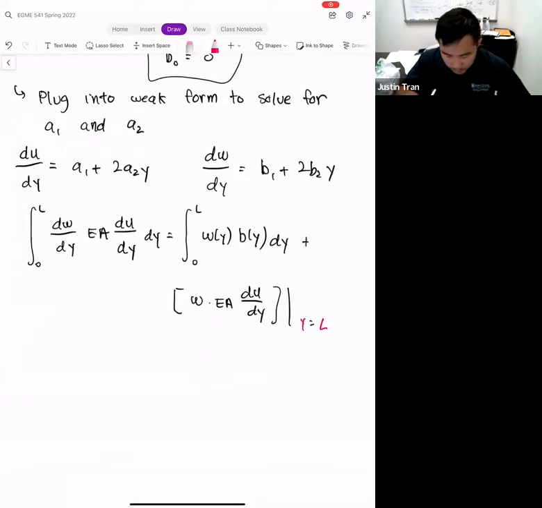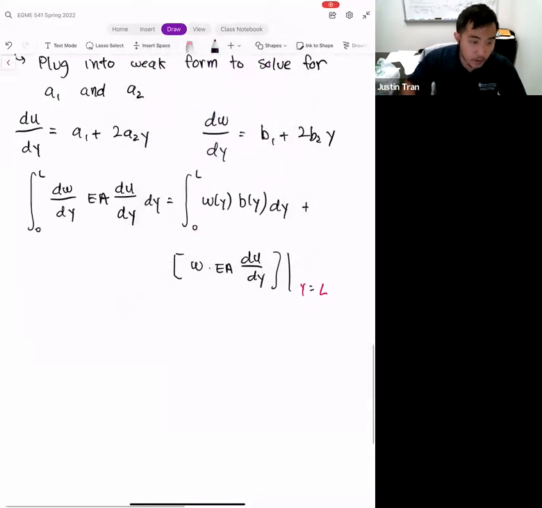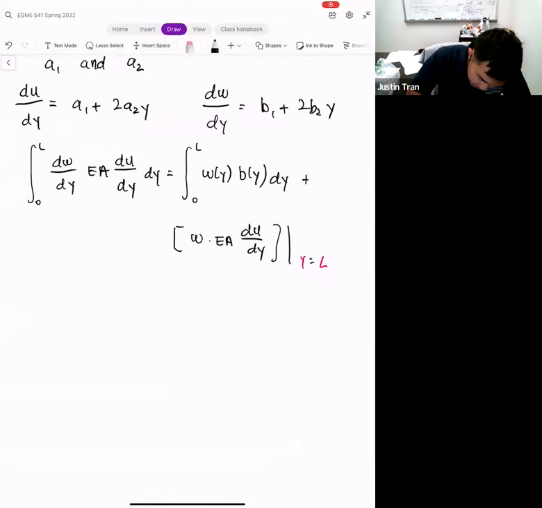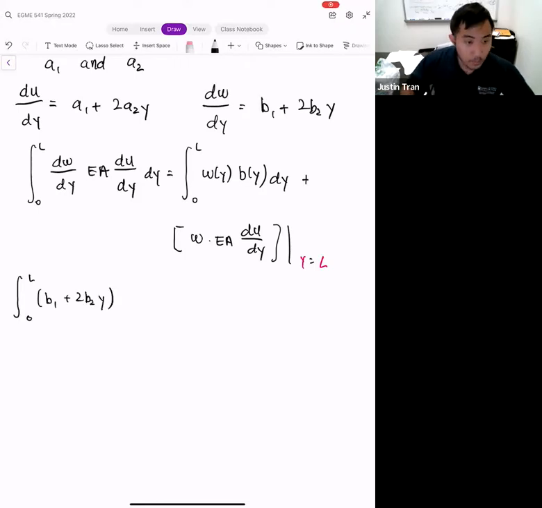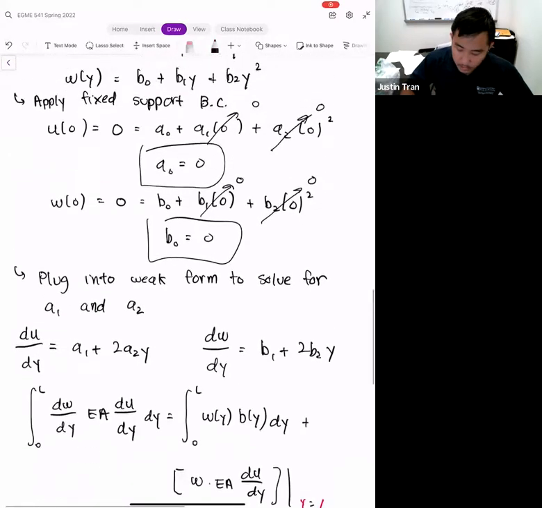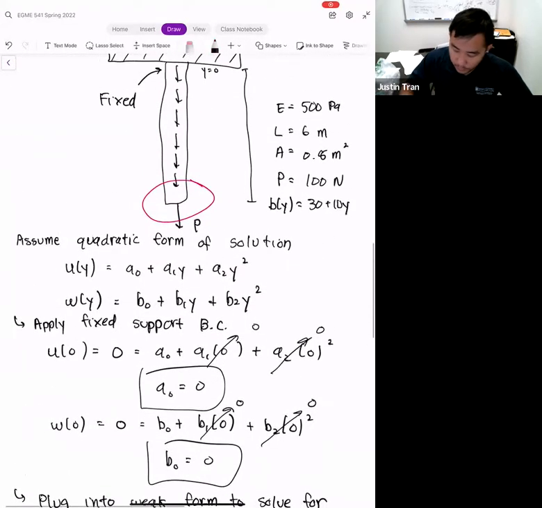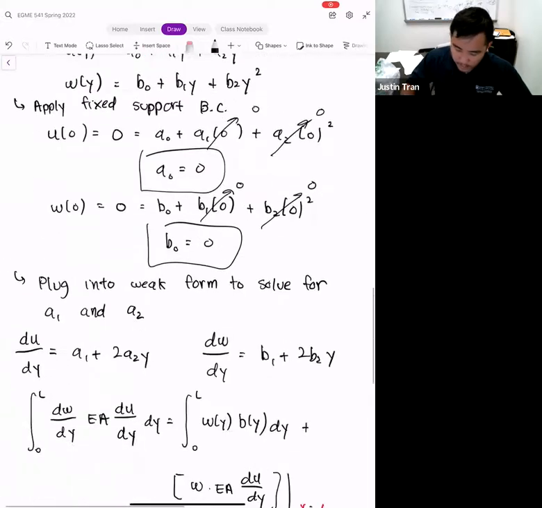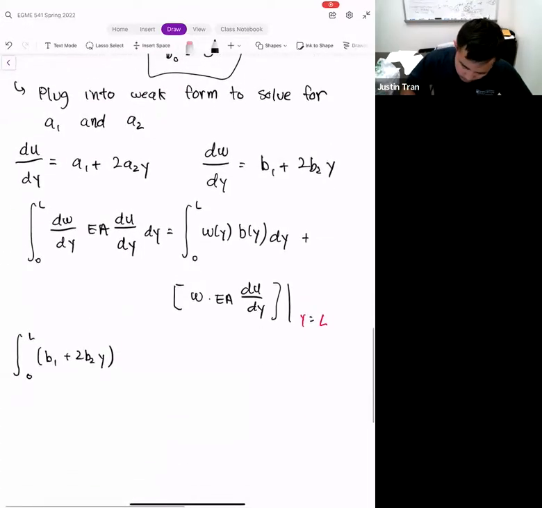Okay. And so we have everything here, so let's just go ahead and plug in. We have the integral from 0 to L. We have dw/dy, which is b1 plus 2b2y. We can plug in for E and A. E is 500, and A is 0.8, and so that's going to give us 400 here.